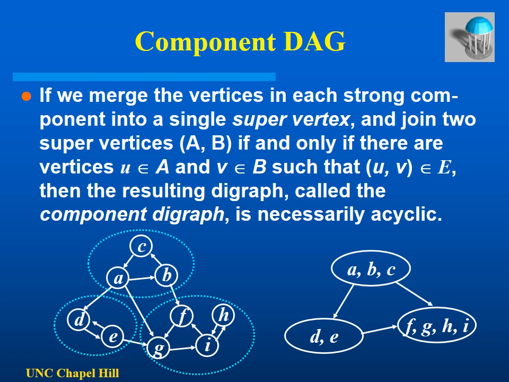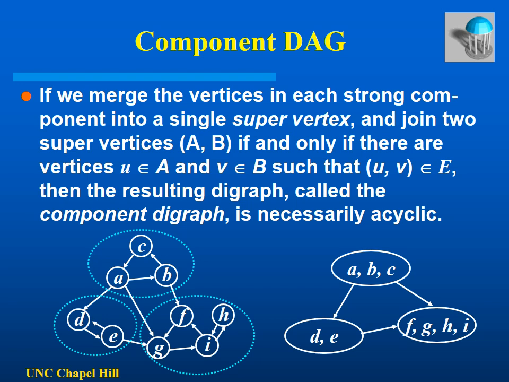They form a graph of the strongly connected components, the component digraph, which you see on the right. So from ABC, you can get to DE, but you can't get back to ABC.